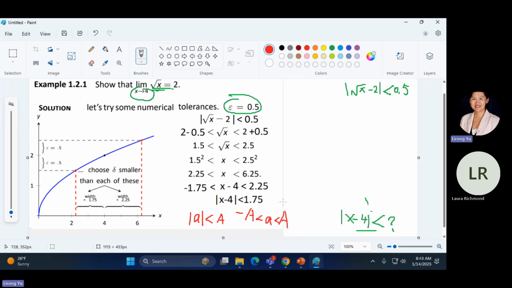All right, going back here, we have the absolute value of root of x minus 2 less than 0.5. To remove the absolute value, you will be adding a boundary. So we will have root of x minus 2 less than 0.5 and bigger than negative 0.5.